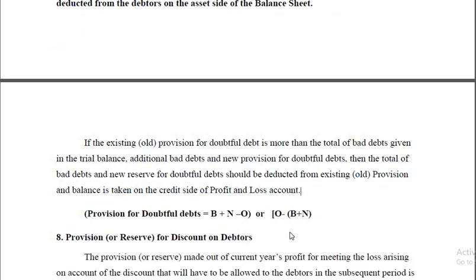For example, bad debts plus new reserve together it is say 8,000, whereas existing reserve is 10,000.